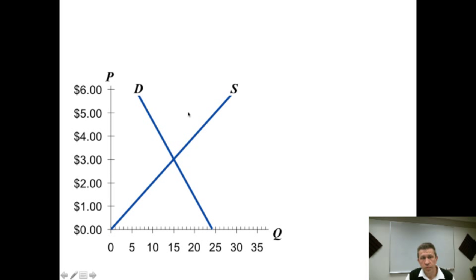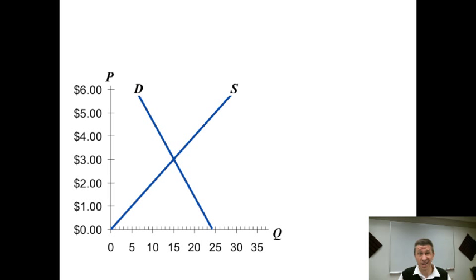Before we even go through this, if you have a price of $5, you should be able to notice that the quantity demanded would be over here, and the quantity supplied is over here. That would seem to pose a problem.